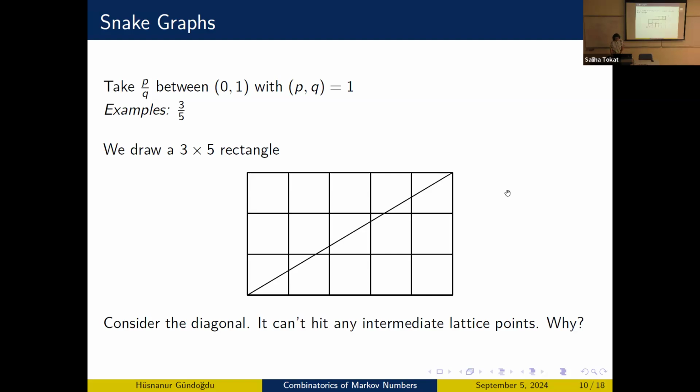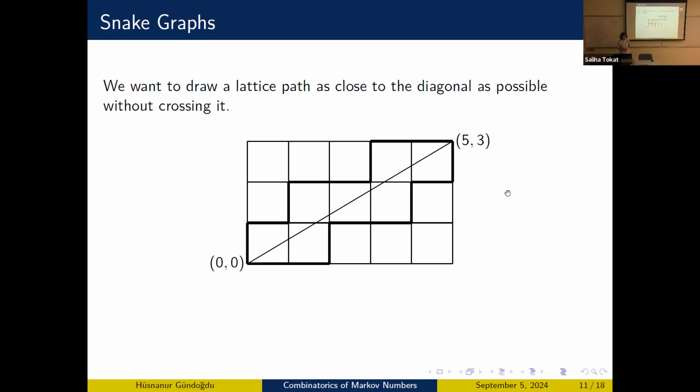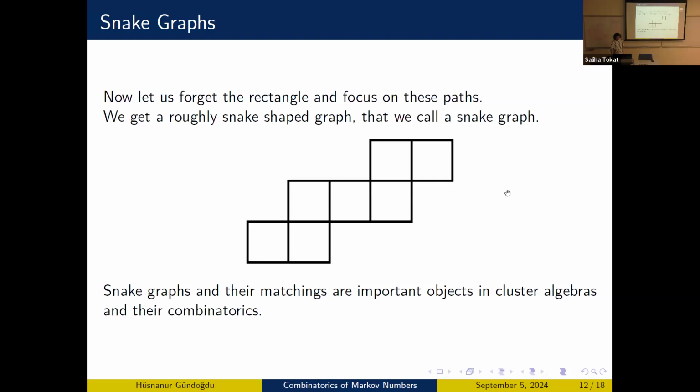And then we try to find the closest paths to our diagonal. There will be two paths, below the diagonal and above the diagonal, and these paths are symmetric. And the squares between the paths are called snake graphs.